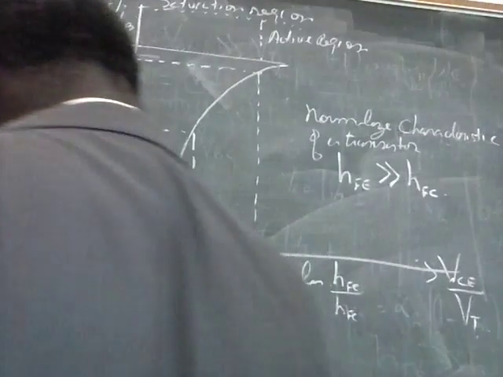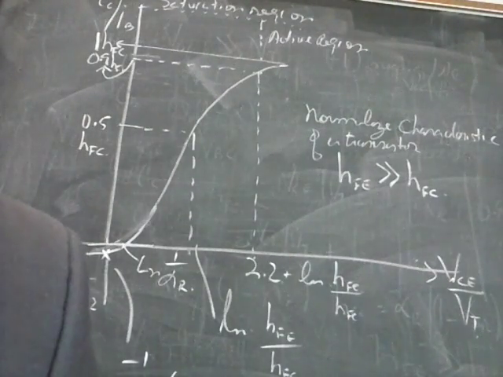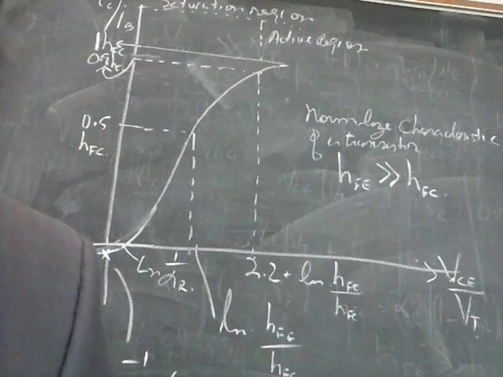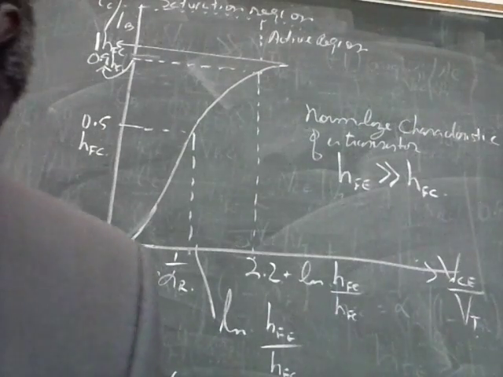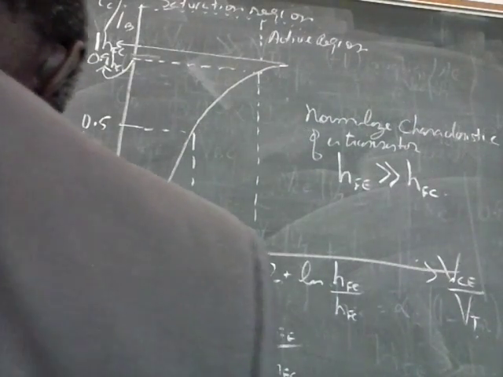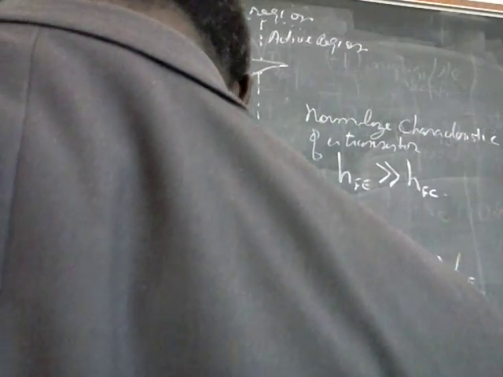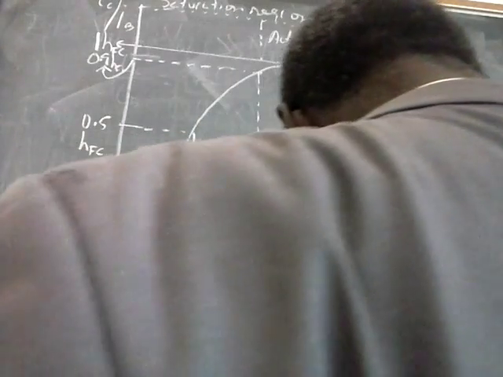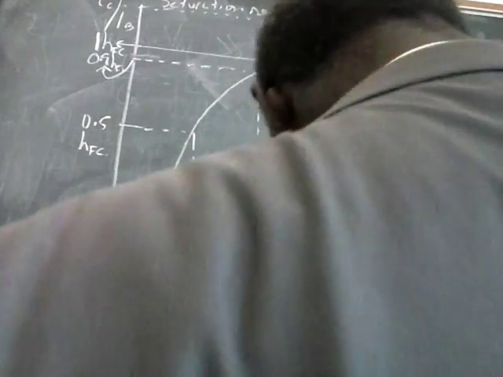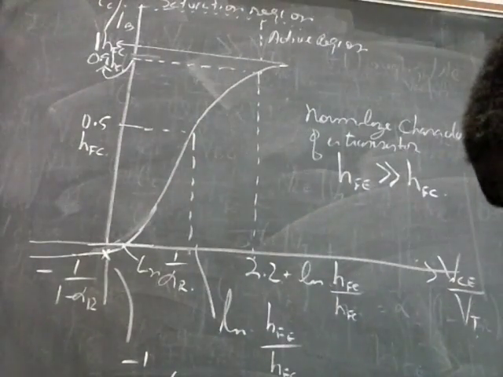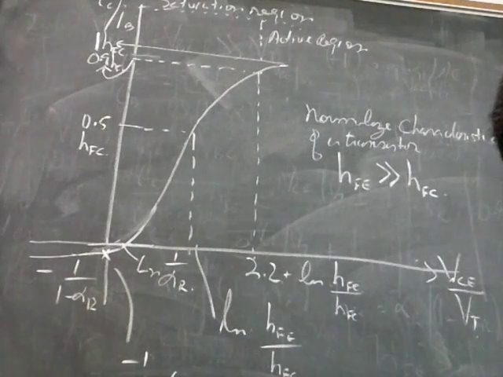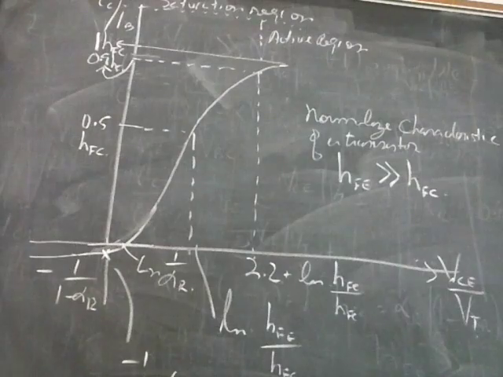For example, if HFE equals 100 and HFC equals 0.01, then VCE equals 285.